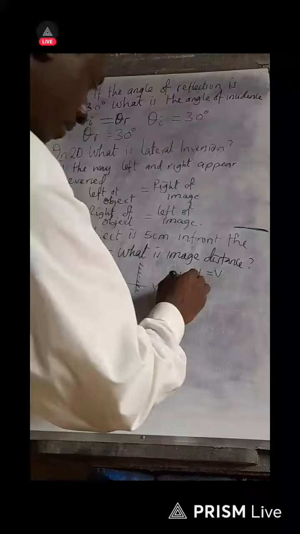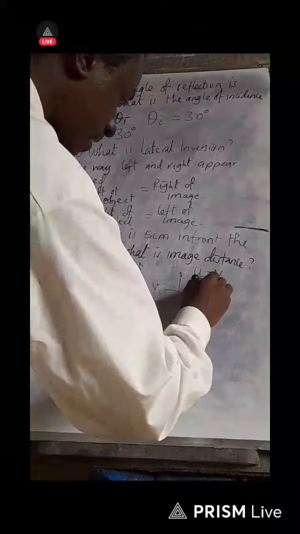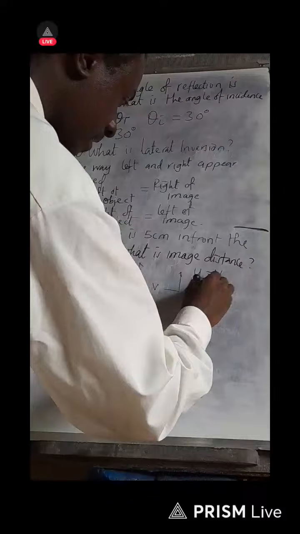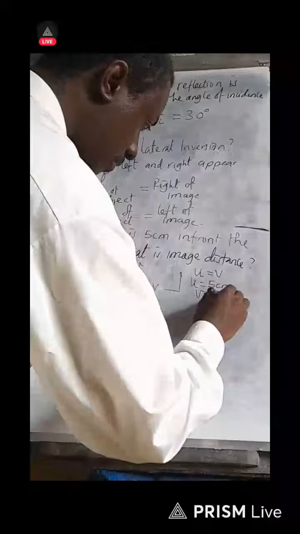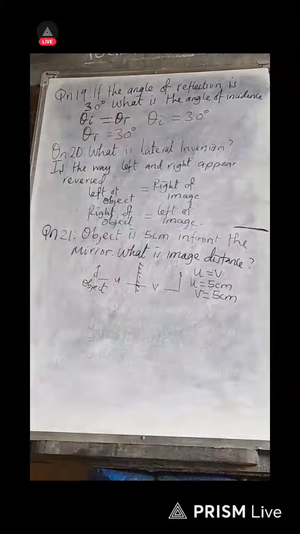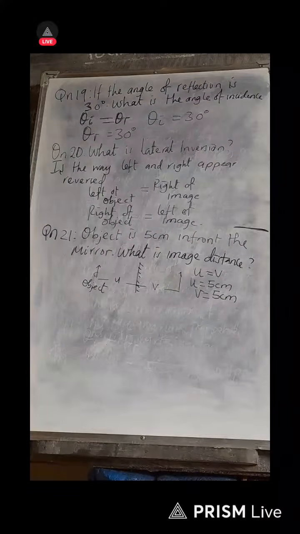So if the object distance is 5 centimeters, the image distance will be equal to 5 centimeters. That is the correct answer.